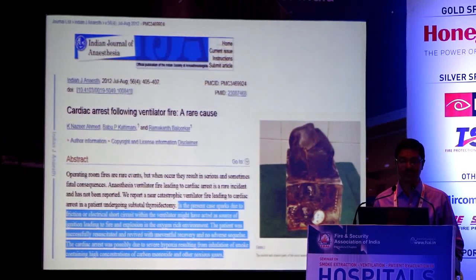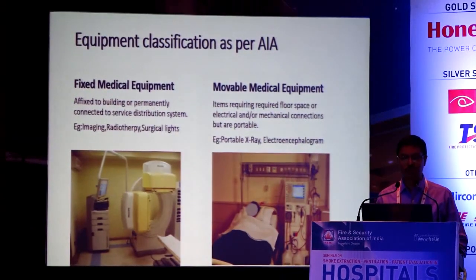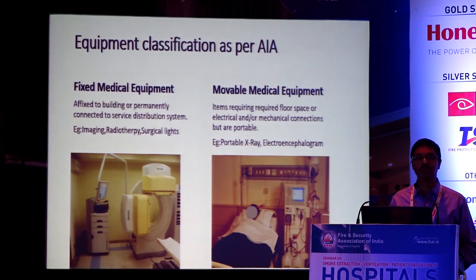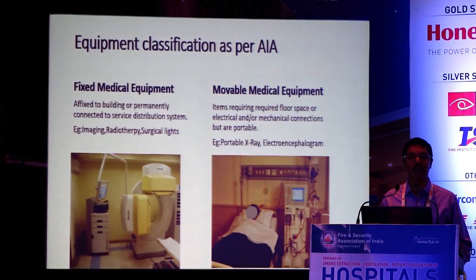Medical equipments are classified, as per the American Institute of Architects, as fixed medical equipments as well as movable medical equipments. Fixed equipments are grouted on the facility and connected to the various services, for example CT scan, MRI, gamma camera, linear accelerator, etc. Movable equipments are those which are used across the hospital and connected to the patients, but they can be transported, like a portable ventilator, which can be moved from one place to another along with the patient.